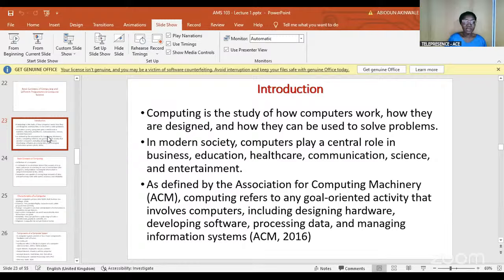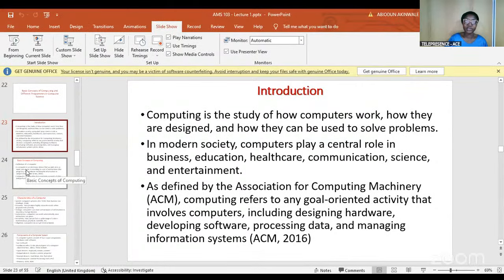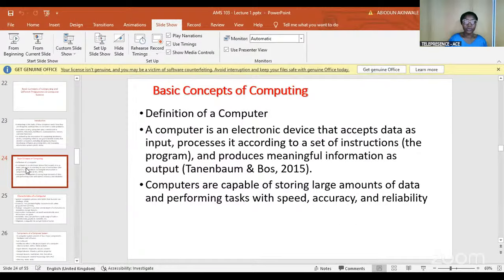As defined by the Association for Computing Machinery, ACM, computing refers to any goal-oriented activity that involves computers, including designing hardware, developing software, processing data, and managing information systems. I told you we are not going to the core of this, but you need to know what computing entails. The next slide, please.